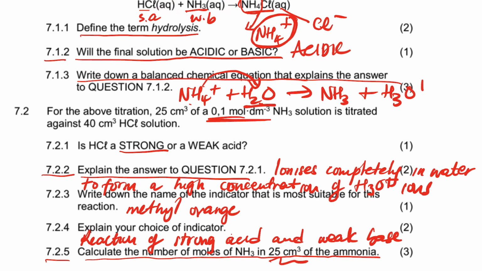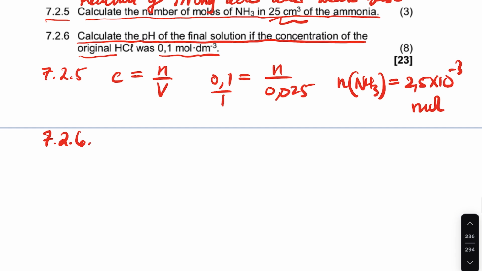So we got the number of moles of this. So this is now the initial number of moles of the ammonia. So we can use the initial number of moles of ammonia to get the amount.